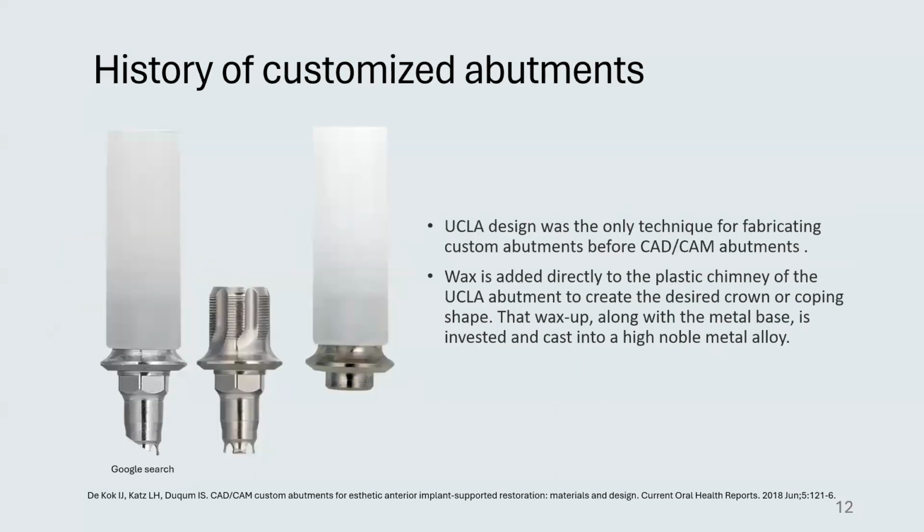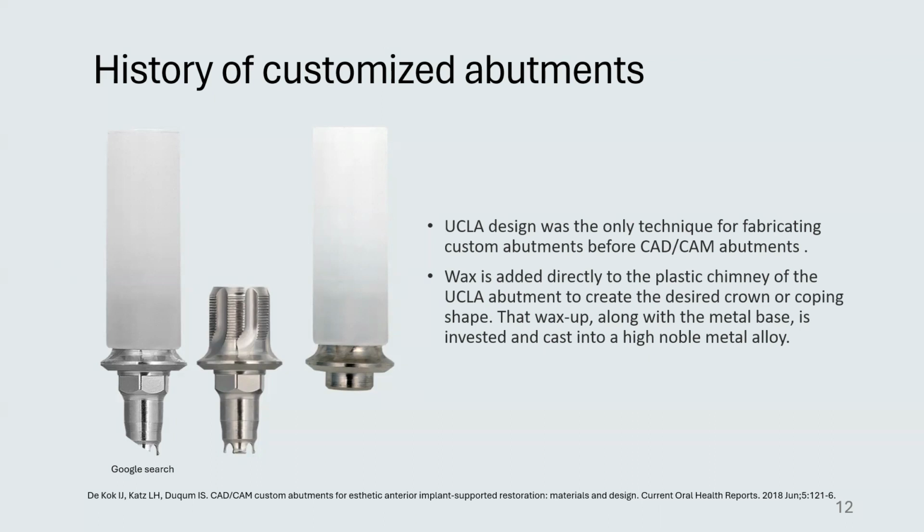So the very first customized abutments with UCLA design. In this design, we have the metal base, and we have a chimney over it, a plastic chimney over it. So the prefabricated shape as it is, is useless.